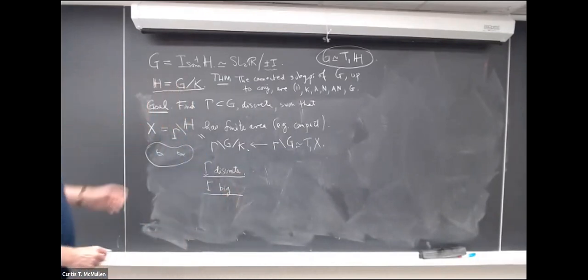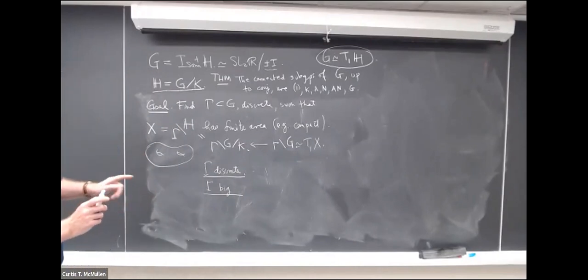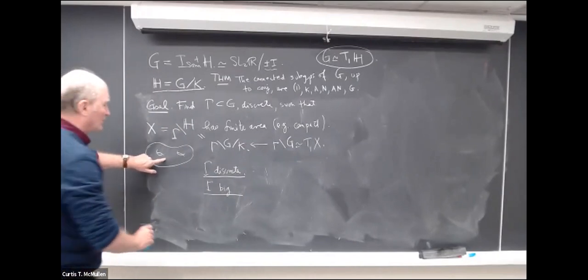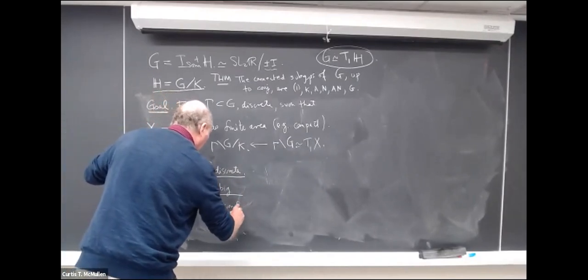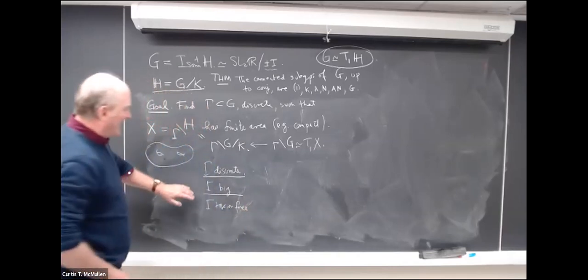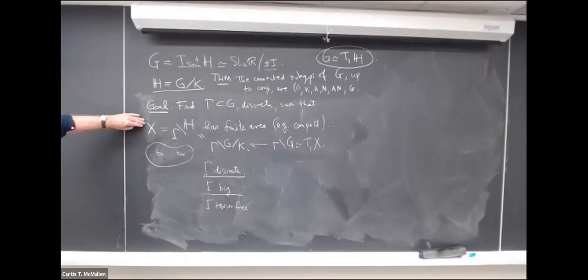So the quotient has, say, finite volume or finite area. And then one thing we might require if we wanted surfaces is that gamma is torsion-free. If it's torsion-free and discrete, then it acts freely and properly discontinuously, and we really do get a covering map from H to H mod gamma.